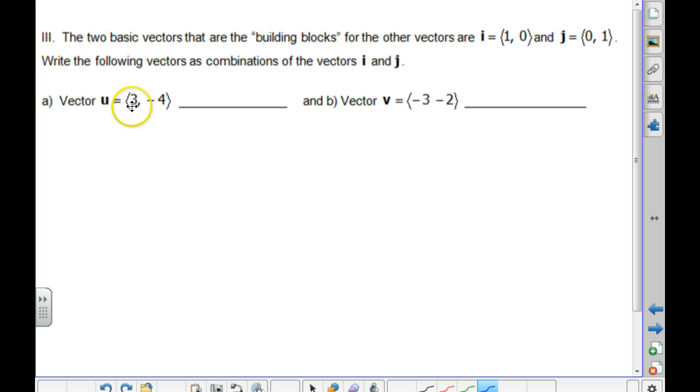Anybody know how we're going to change 3, -4 to ij form? Yes. 3i minus 4j. That's it. Make that question 50 points on the next quiz, right? So what will this one say? Negative 3i minus 2j.